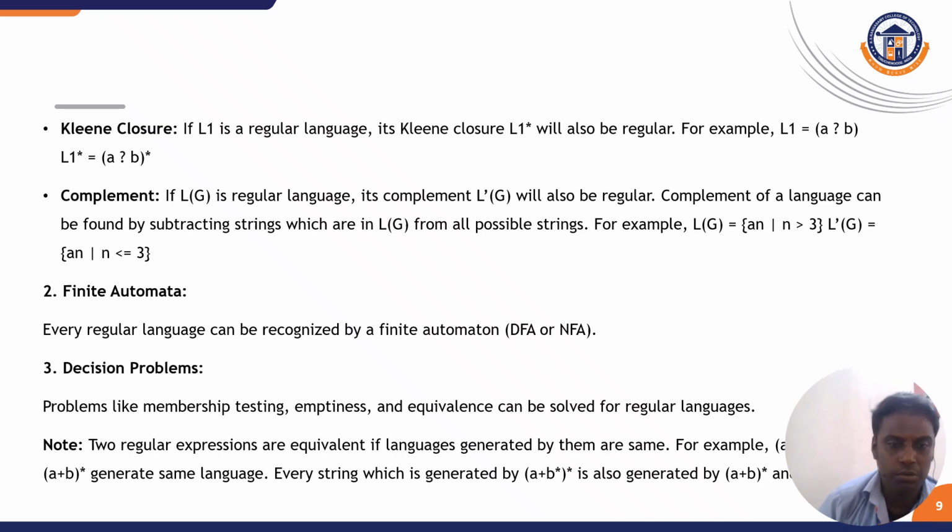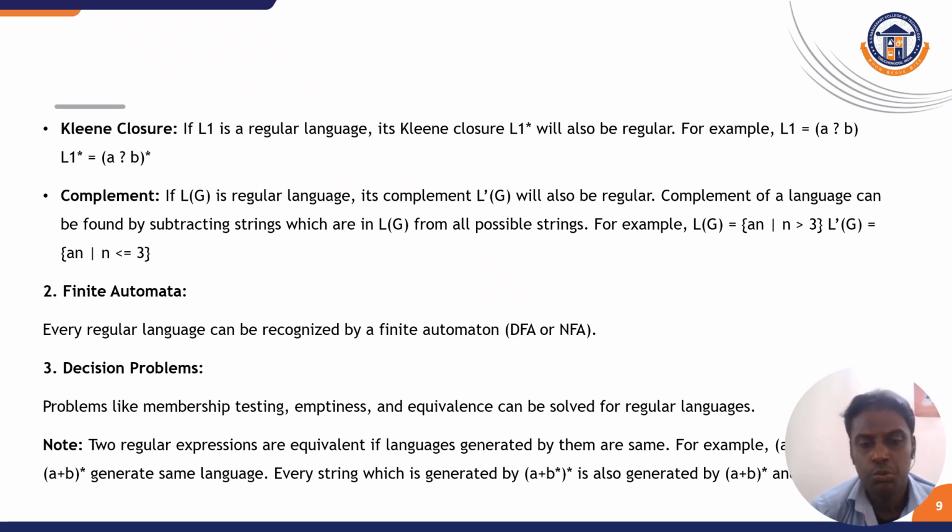Next, finite automata. Every regular language can be recognized by a finite automaton. This we know. That means a regular language or regular expression will definitely be recognized by a finite state machine, and that finite state machine can be either a DFA or an NFA. Decision problems where we can use these finite automata or regular expressions: problems like membership testing, emptiness and equivalence can be solved using regular languages.